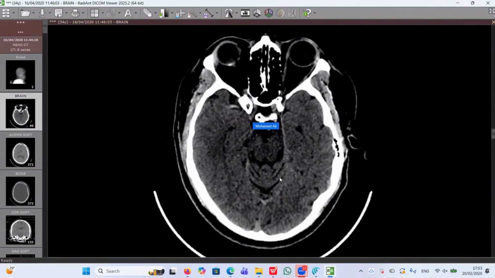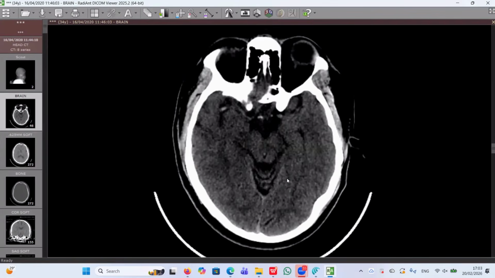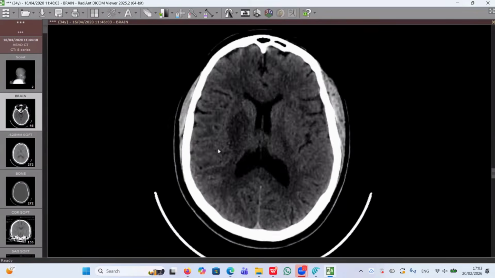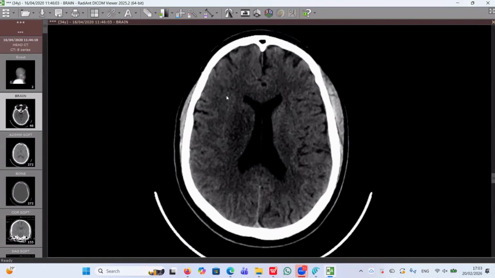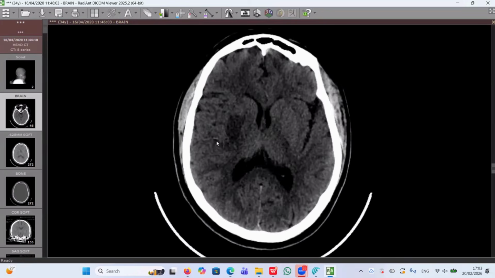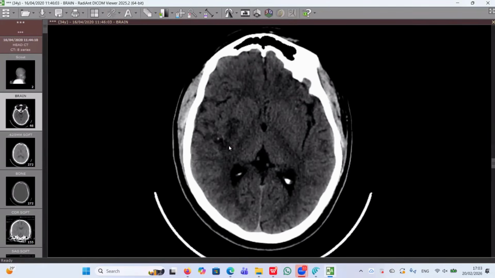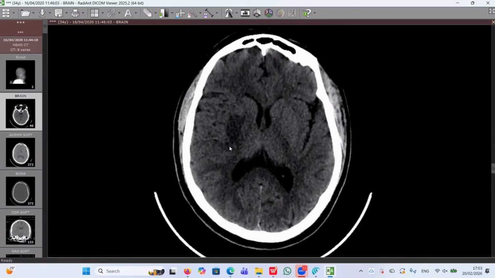So we have features of early or acute ischemic insult along the territory of the right middle cerebral artery. We don't have any significant mass effect or hypodense area in the peripheral cortex, but we have these other three signs of acute ischemic insult.